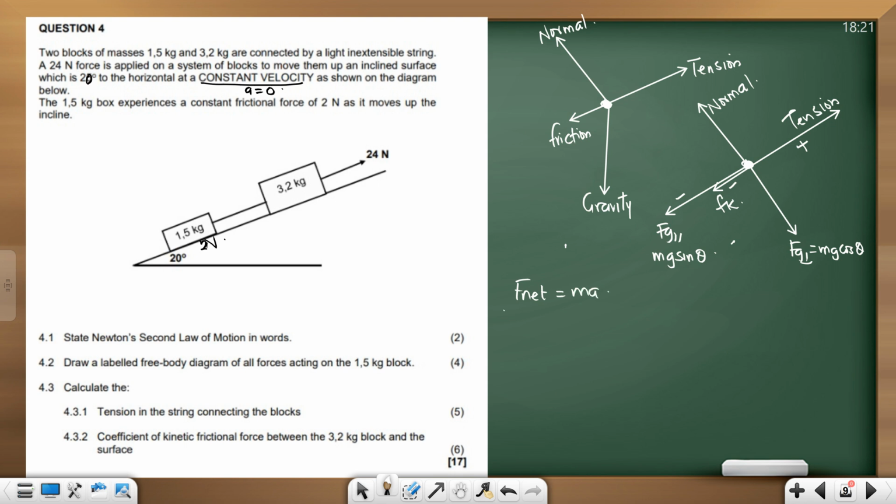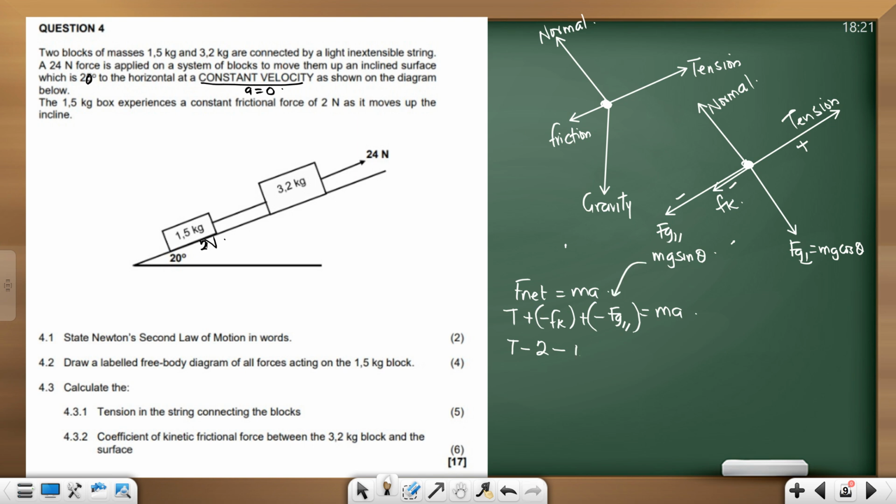What are the forces? Tension is up there, plus negative friction, plus negative FG parallel. Life is now easy. MA. We are looking for the tension, right? Do we know the friction? We do. It's 2 Newton. We're given minus mg sine theta.